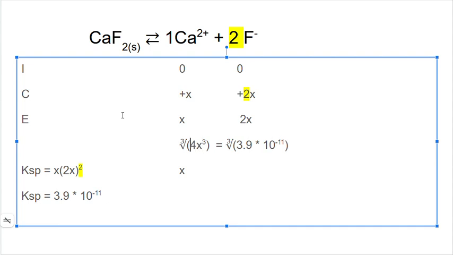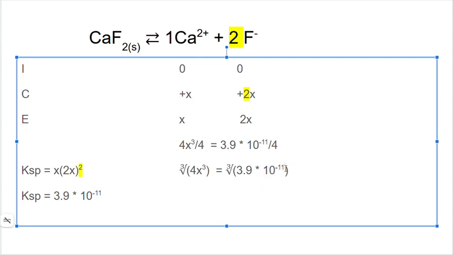Go Control Z. So I started here, which means I would divide both of these by 4, okay, and then I would take this side and divide it by 4 to get rid of that.